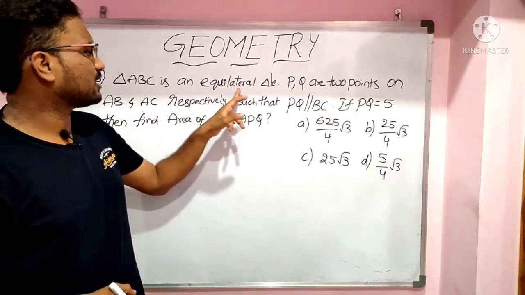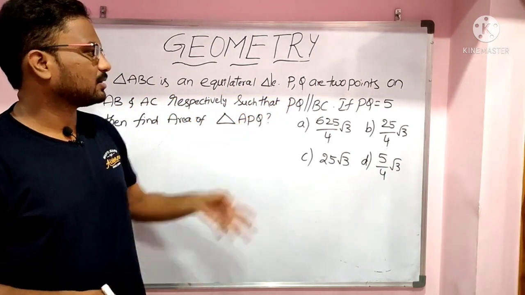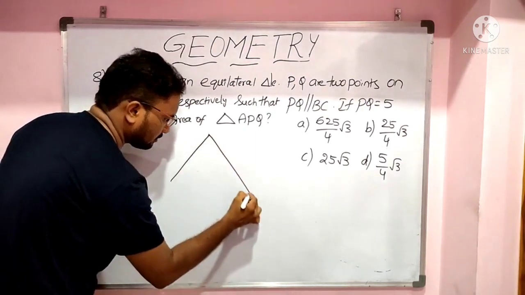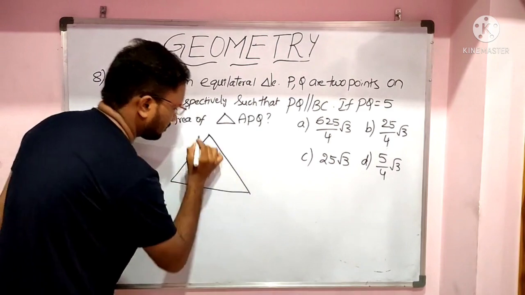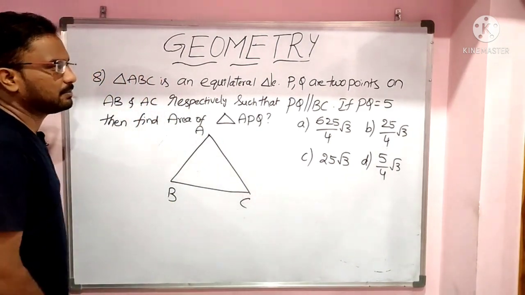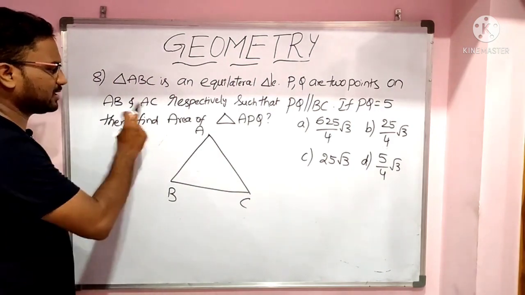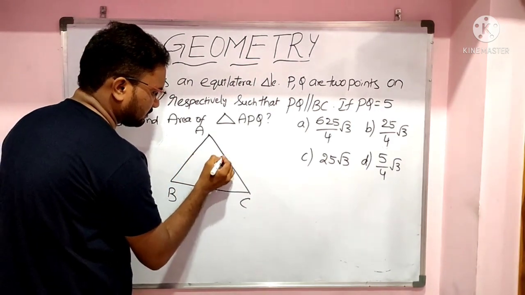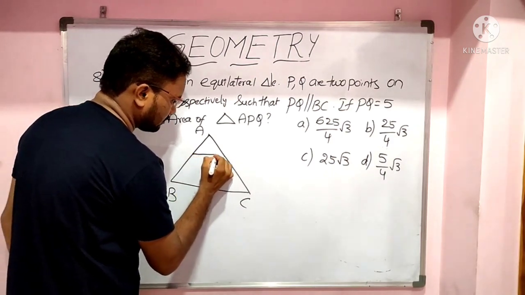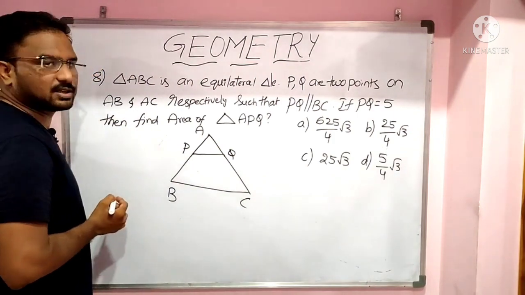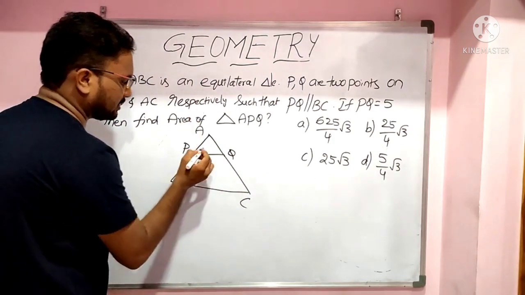Triangle ABC is an equilateral triangle. Let's draw an equilateral triangle A, B, C. P, Q are 2 points on AB and AC, such that PQ is parallel to BC.